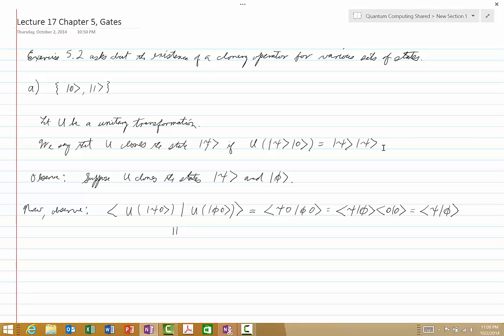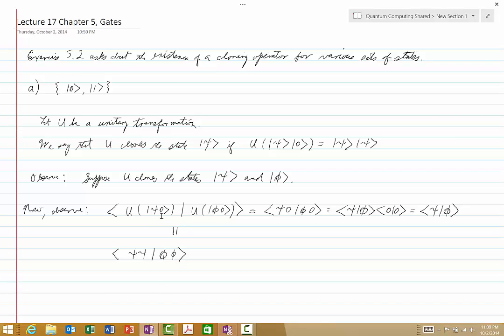So since U clones both psi and phi, then the inner product of U of psi 0 with U of phi 0 will be the inner product of psi with phi.